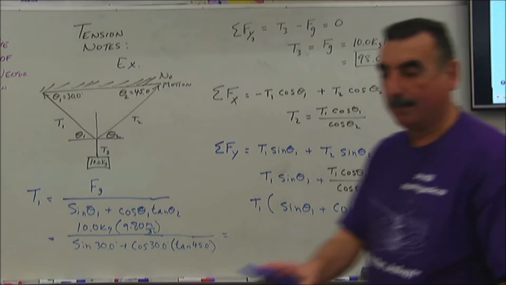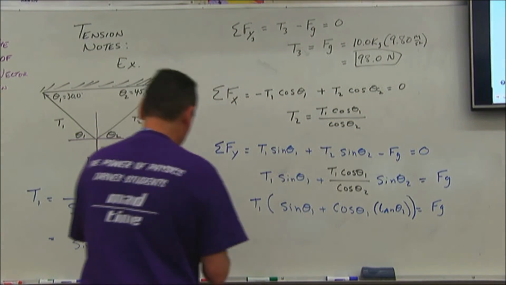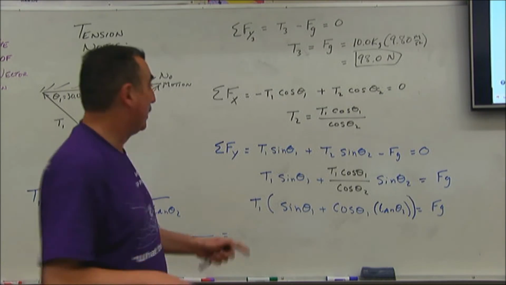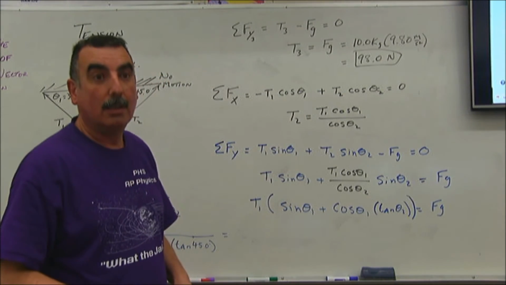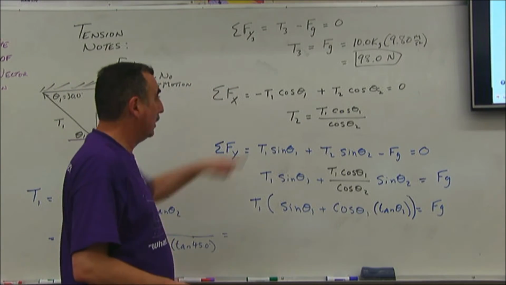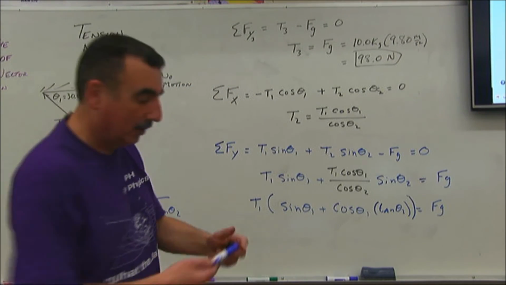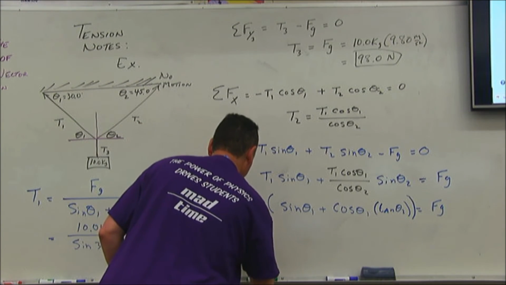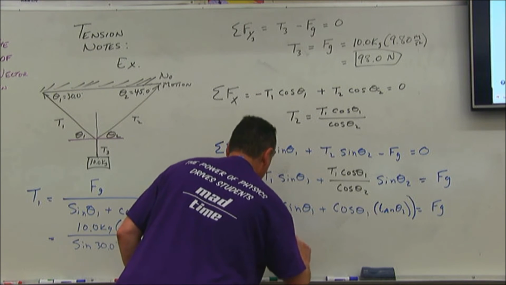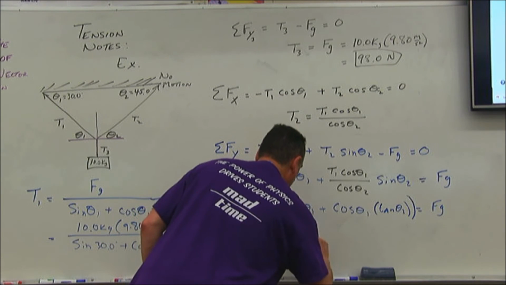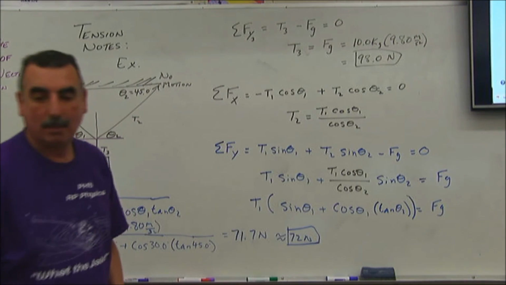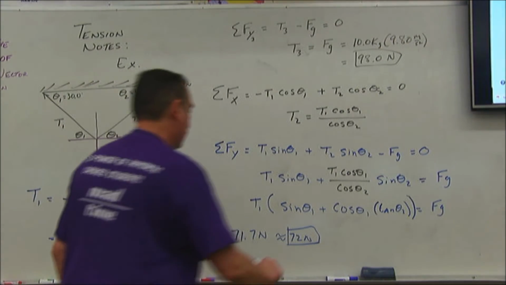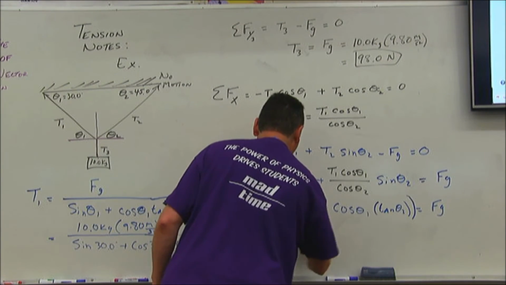I'm going to use more sig figs, but I'll box the least because I want to put this back up here. And so now we have T1. Now we can find T2 because we found T1. So I'm going to put 71.7 newtons. To the correct sig figs, wait, no, it is 71.7 because there are 3 sig figs on everything. So this is correct. Let's just use that. That'll be fine.